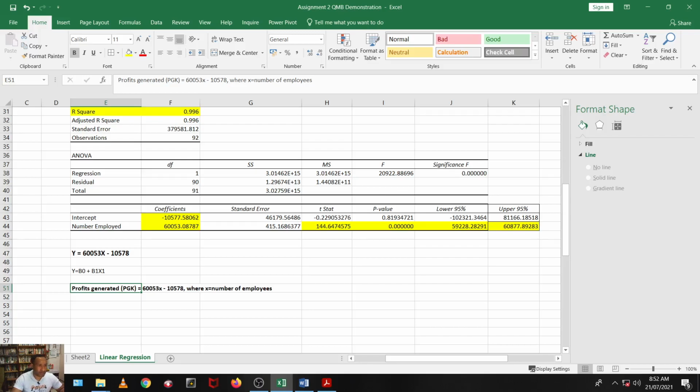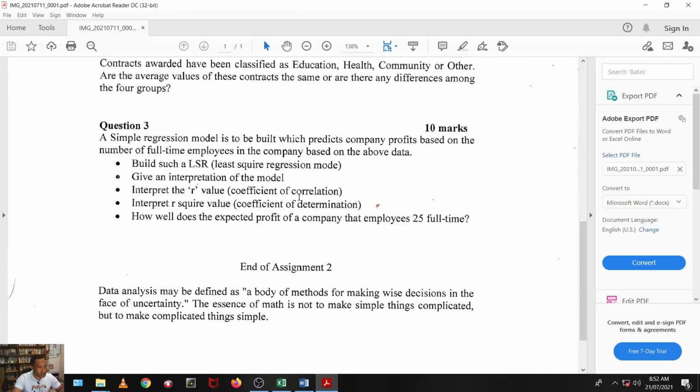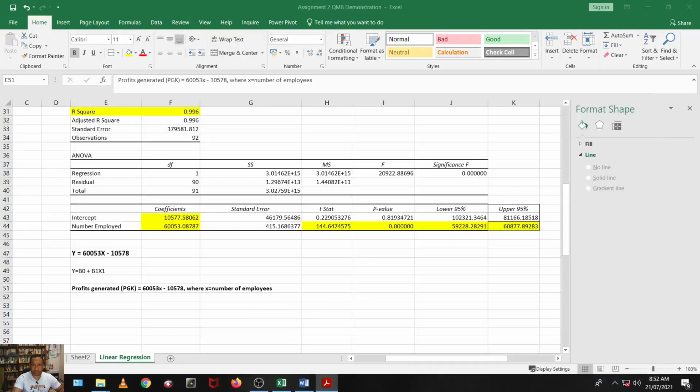The final part of question 3, let's see. How well does the expected profit of a company that employs 25 full-time employees? Okay.